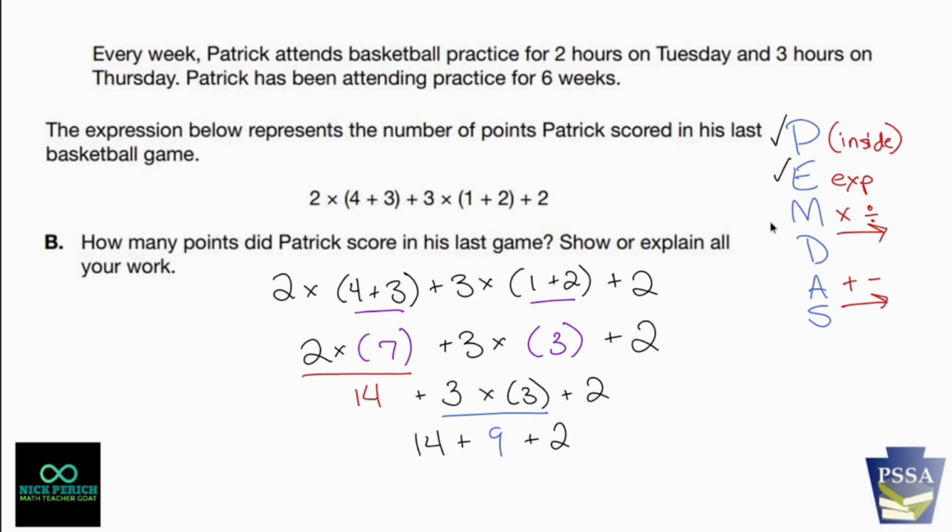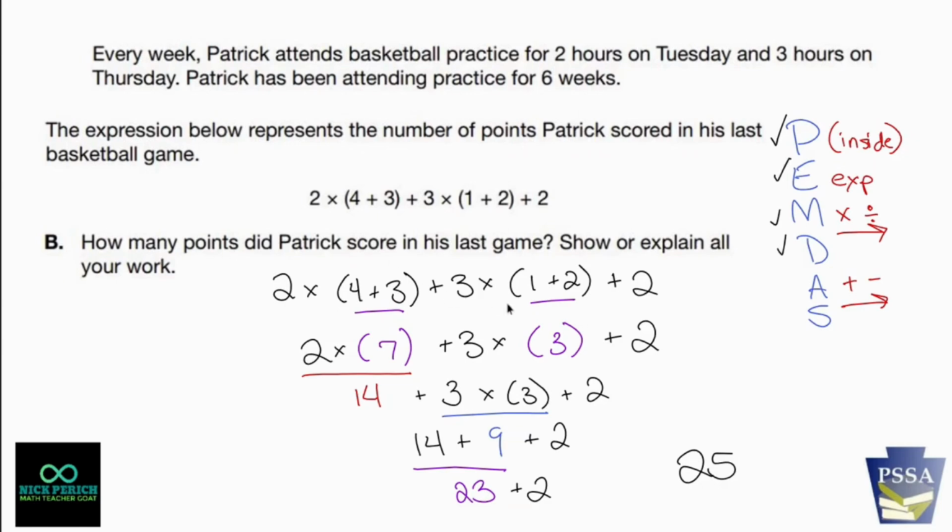Now I'm done multiplying, dividing. There's no division, so it's just multiplying. And I add or subtract left to right. So starting from the left, I have 14 plus 9, which is 23. Drop down that plus 2, and 23 plus 2 is 25.